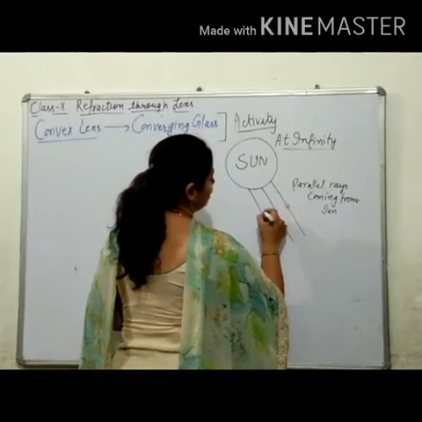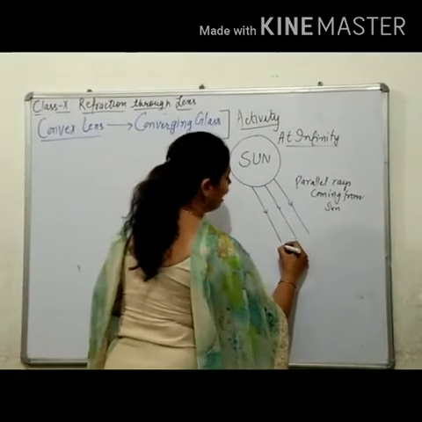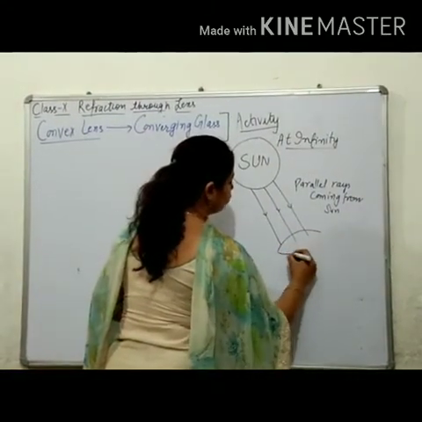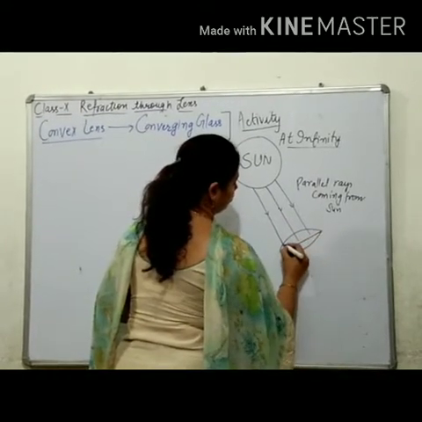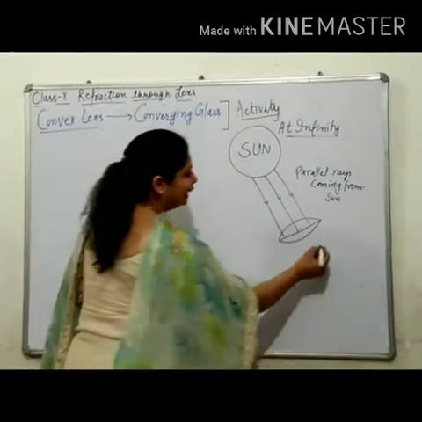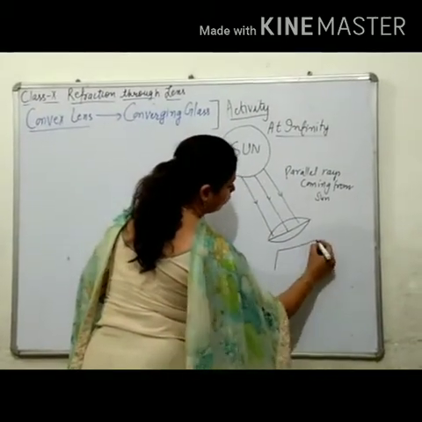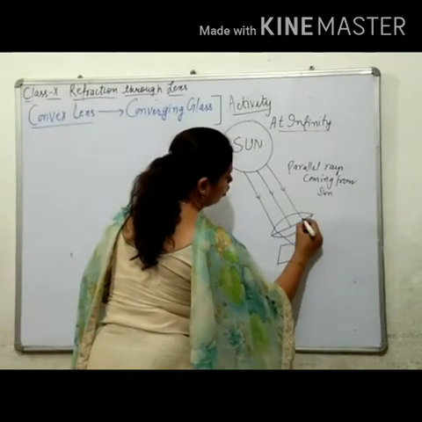When these rays, which are parallel to each other, fall on the surface of a convex lens, they heat up the paper placed on the ground. How?